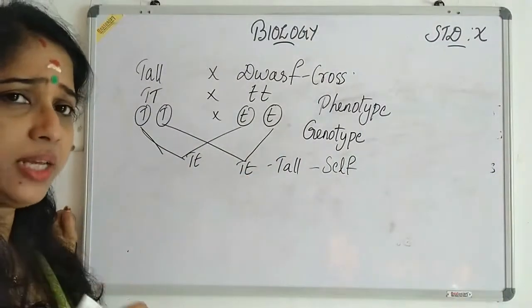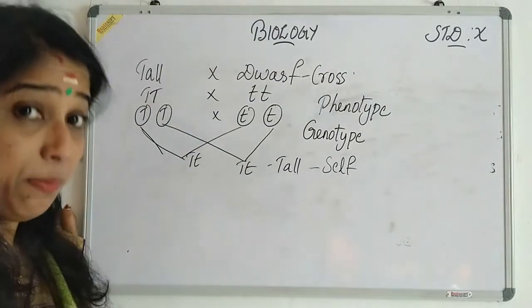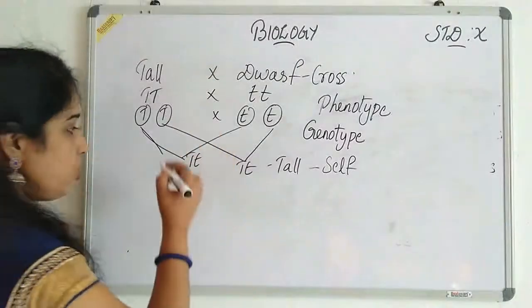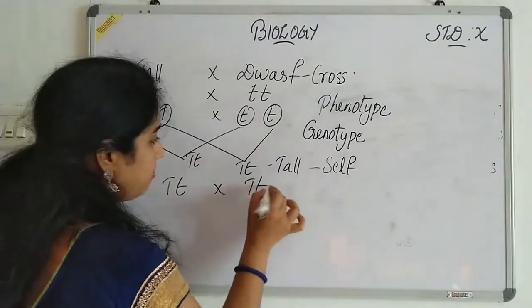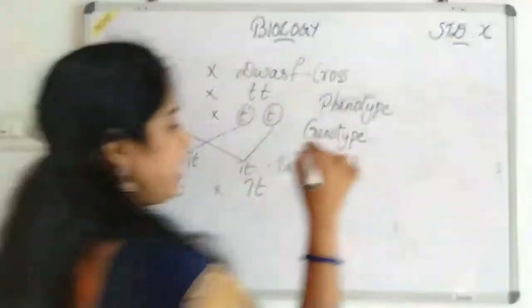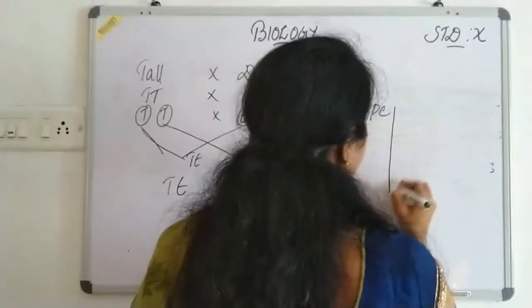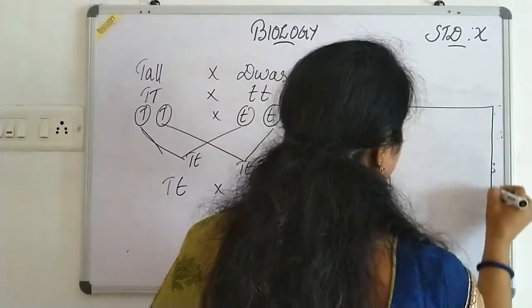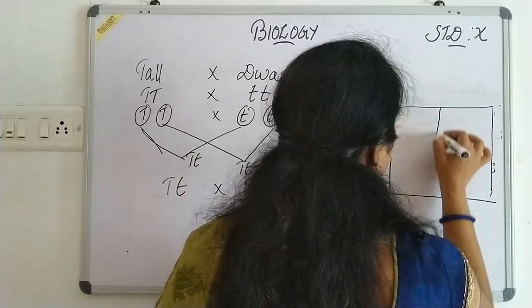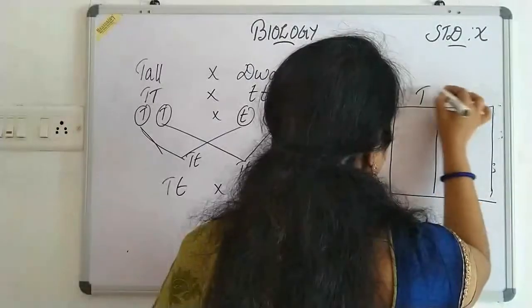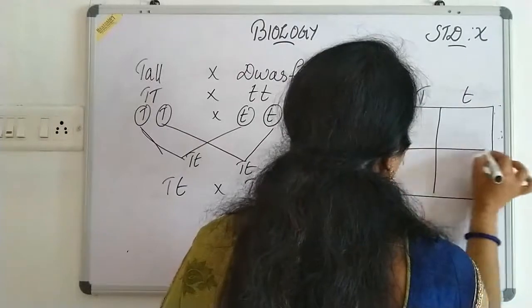So he wanted to find out, will it appear in the next generation or not? You know that both parents are the same, father and the mother. Clear? So we can just do this in the form of a Punnett square. Capital T, small t.